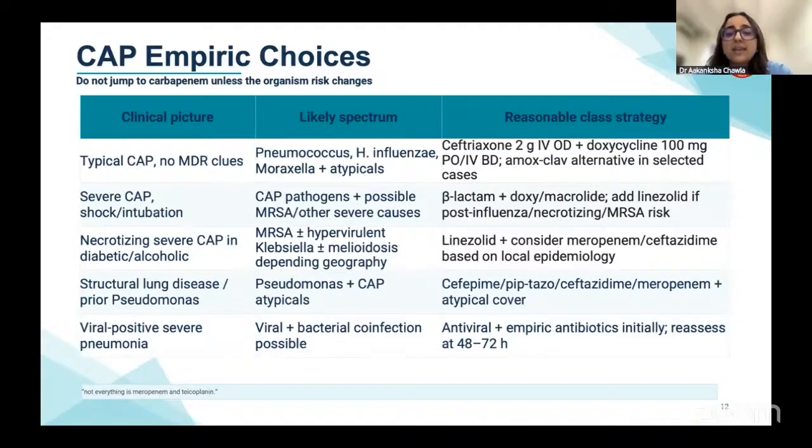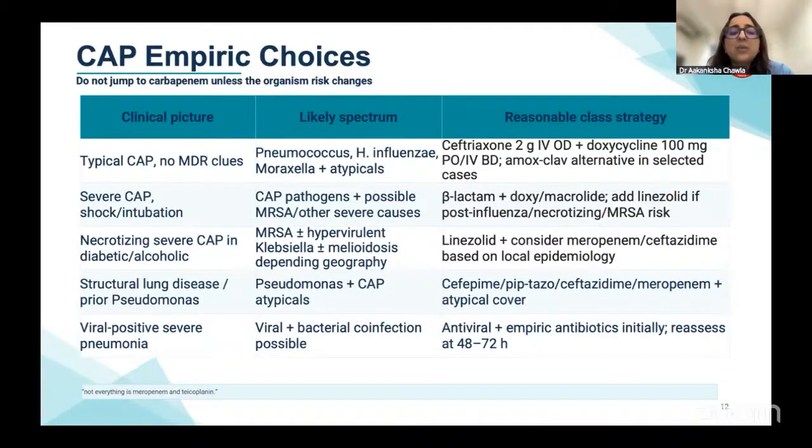So the use of doxycycline has become more and more common these days. Again, respiratory fluoroquinolones we want to preserve because of the prevalence of tuberculosis in our country. So you do not want to use respiratory fluoroquinolones for a CAP case. That is why ceftriaxone and doxycycline becomes a good empiric choice.